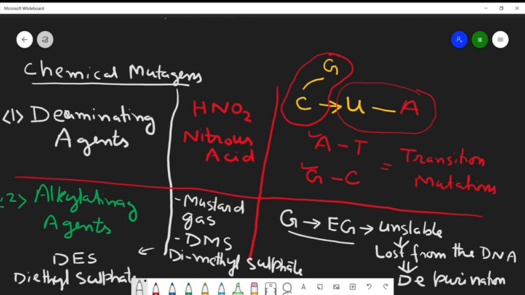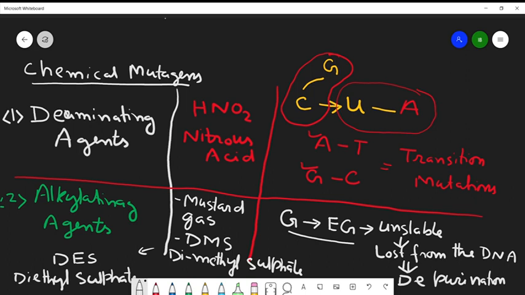So alkylating agents can cause frame shift mutations because the pairing properties of these alkylated bases are changed and they become unstable, and these unstable bases are later lost from the DNA.